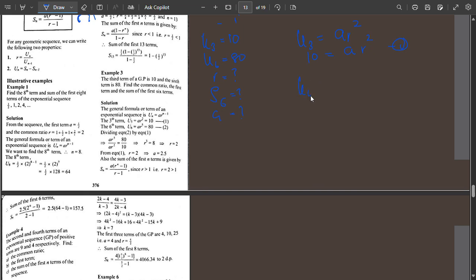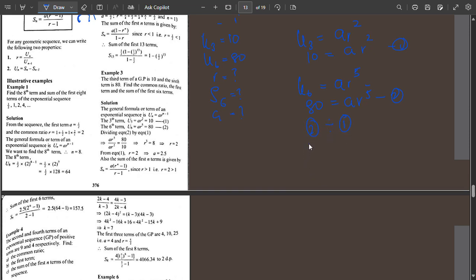The sixth term will be given by 80 is equal to AR exponent 5. This is equation 2. Now looking at these two equations, if we divide equation 2 by equation 1, let's see what will happen.